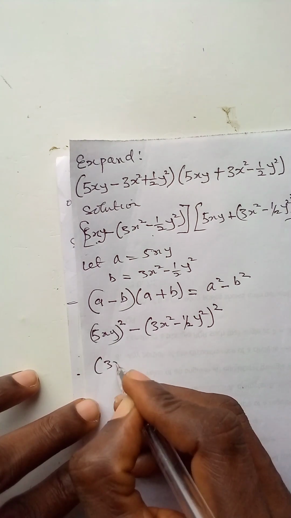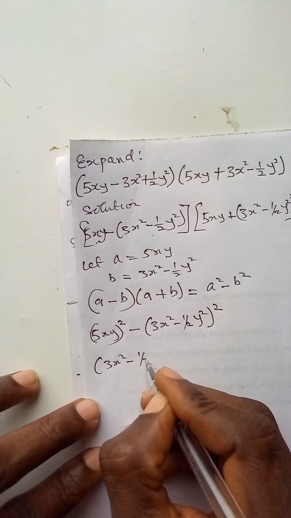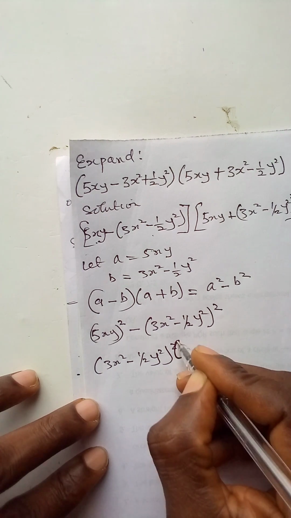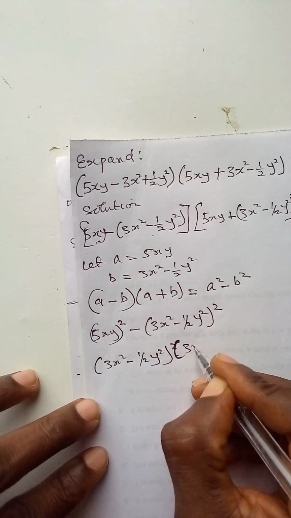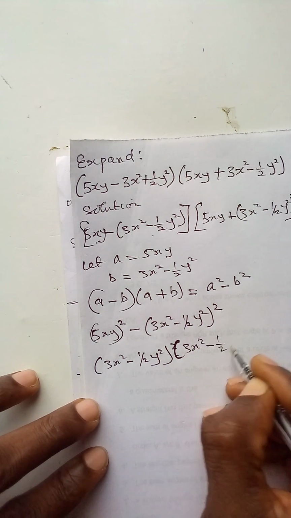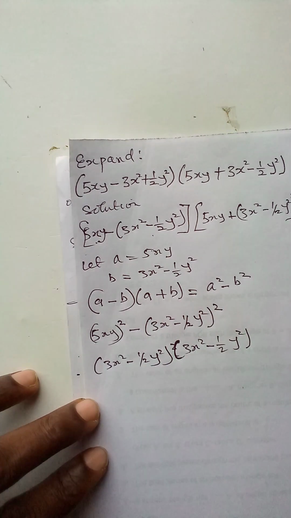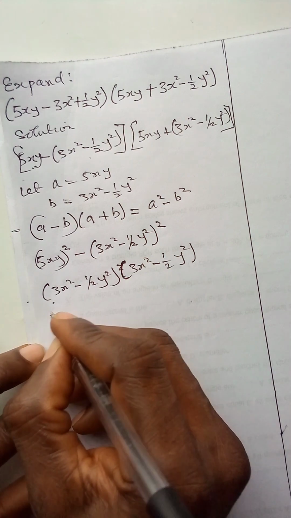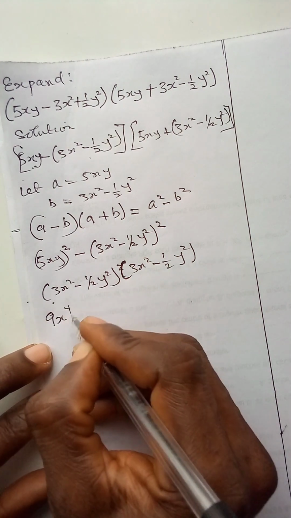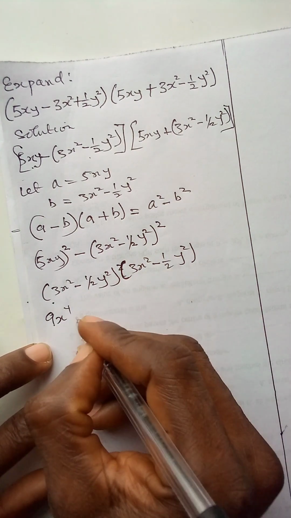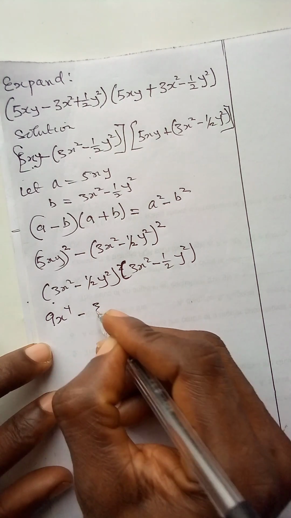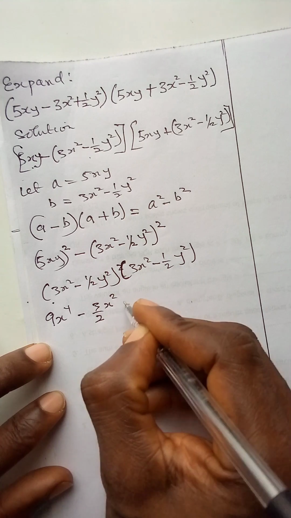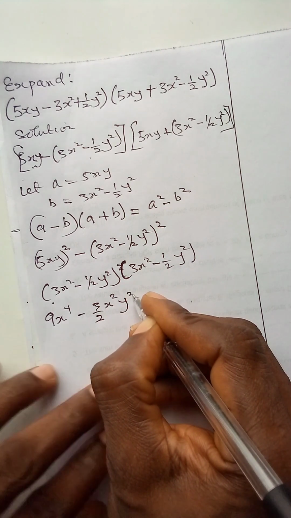Expanding 3x squared minus 1 over 2y squared, that will expand into 3x squared minus 1 over 2y squared times itself. Now, this times this will give us 9x to power 4, and this times this will give us minus 3 over 2 x squared times y squared.